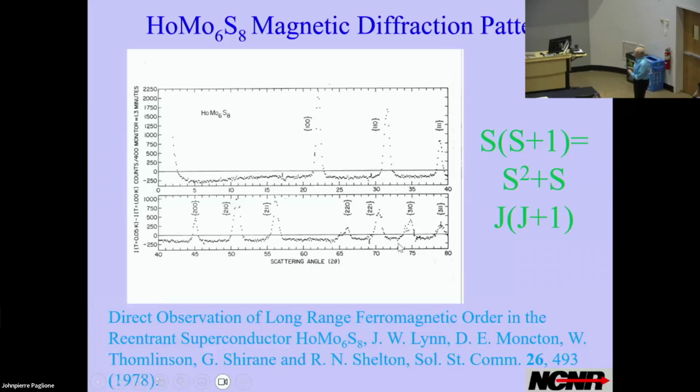First, there's a sum rule on the scattering. The sum rule is that if it's just a spin, it's S times S plus 1, and you expand that out as S squared plus S. And where do those two terms go? Well, in the paramagnetic state, assuming you have no correlations, that scattering is just spread out. It's just background. And then when it orders magnetically, that S squared goes into the Bragg peaks.